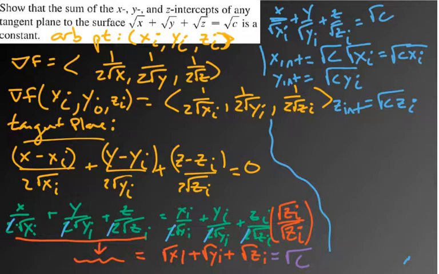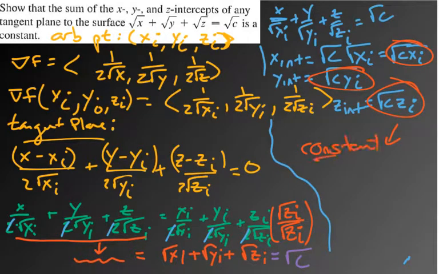And the question said, show that the sum of those intercepts is going to be a constant, which is pretty clear now, because x sub I, y sub I, and z sub I are just a specific point, right? So if we add this plus this plus this, it truly is going to be a constant. So that's just a weird example that I think uses some good tangent plane ideas.